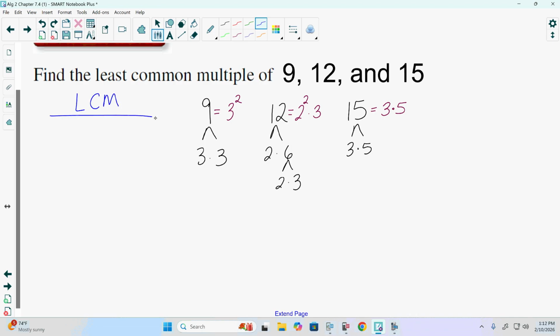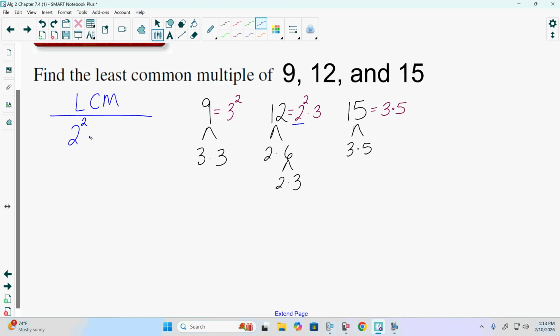So we can start with 2. 9 has 0 factors of 2, so we're taking none from it. 12 has 2. And 15 has 0. So 2 squared, we need at least 2 factors of 2, because it showed up at most 2 times as one of the sets of factors of our terms.